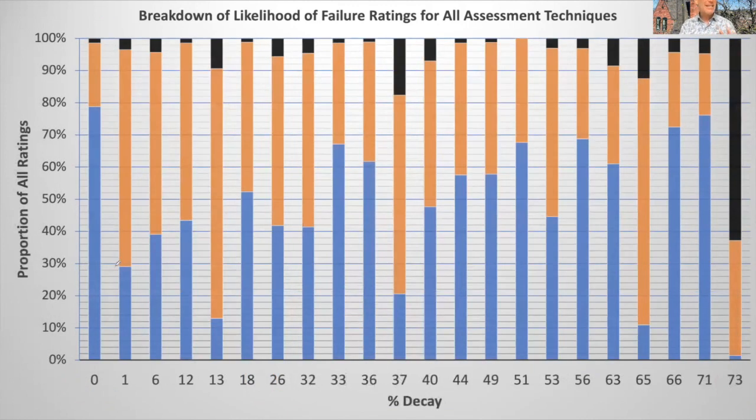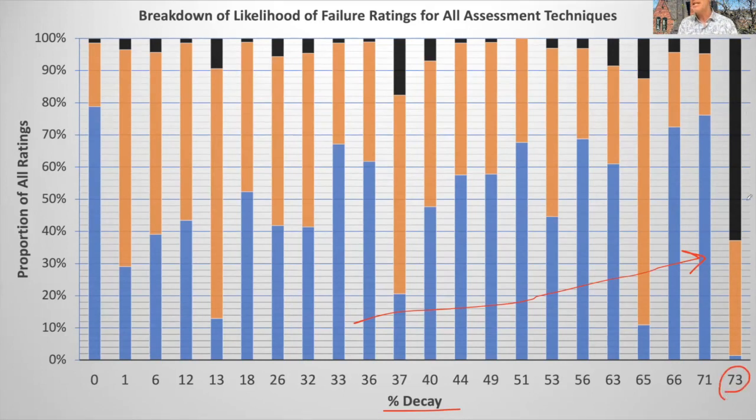Here's a similar looking graph, lots of different columns representing, in this case, the percent decay from the tomograms. And this pattern is the opposite of the previous slide, because now as the numbers get bigger, you're looking at more and more decay. So this last tree here is 73% decay.